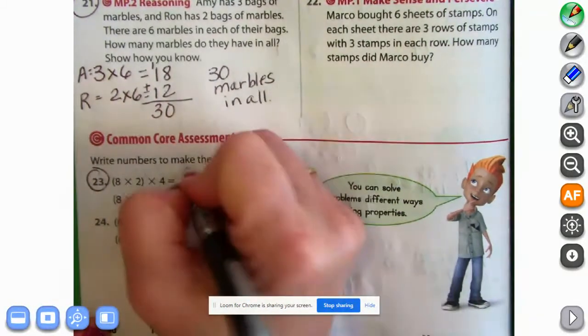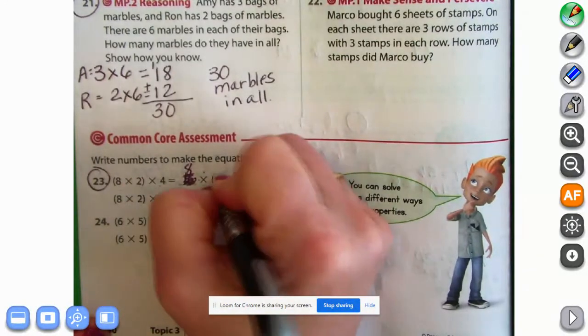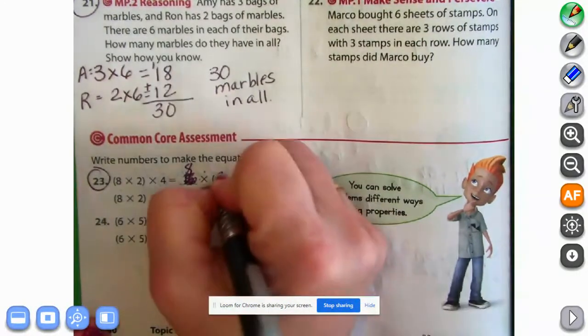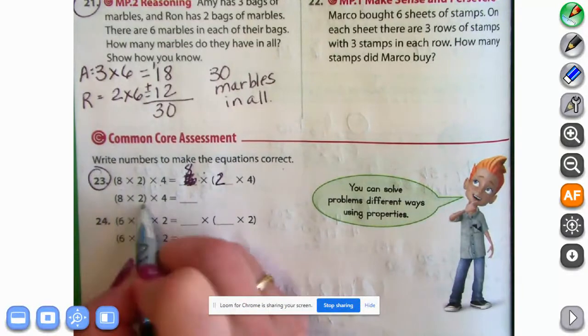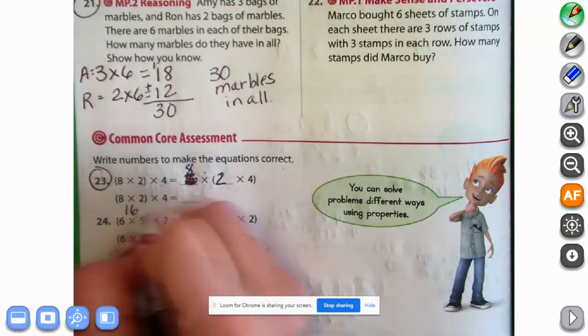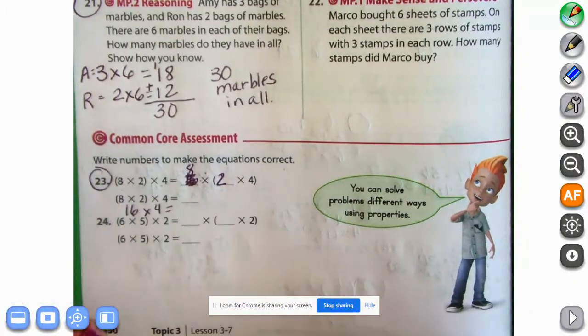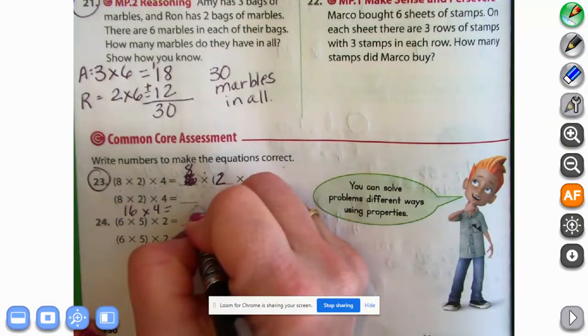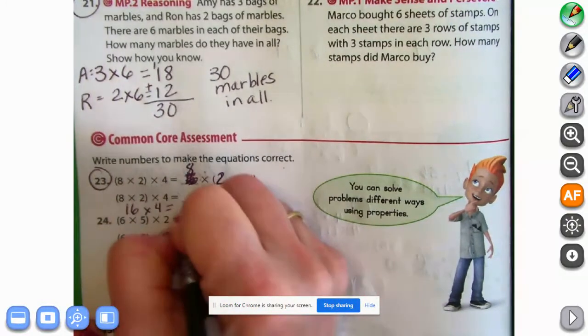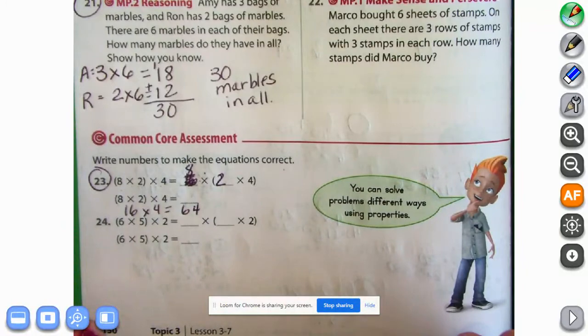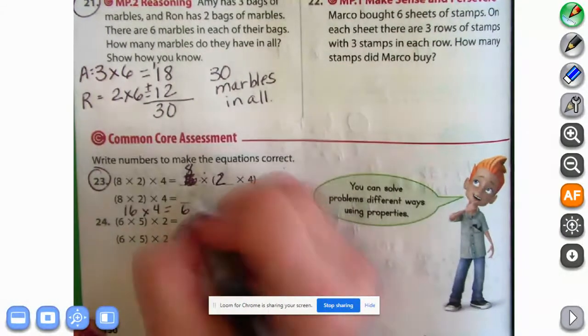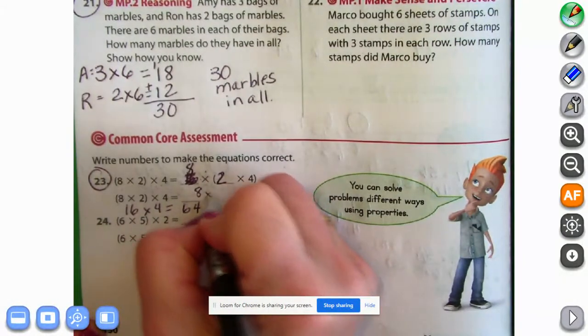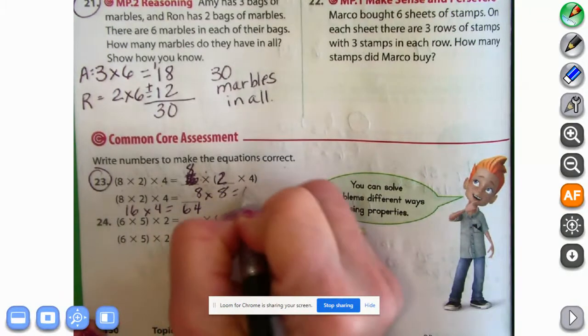We can flip it this way. 8 times 2 times 4. Okay, sorry about that. 8 times 2 is 16 times 4 equals 64. If we solve it this way, 8 times 2 times 4, which is 8, equals 64.